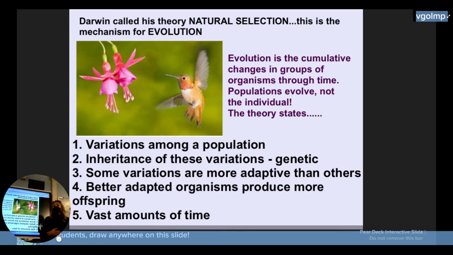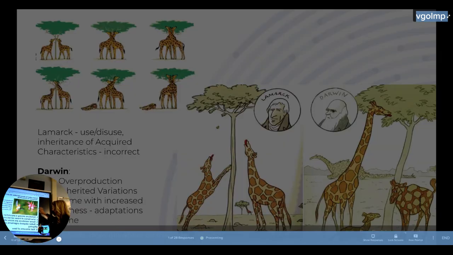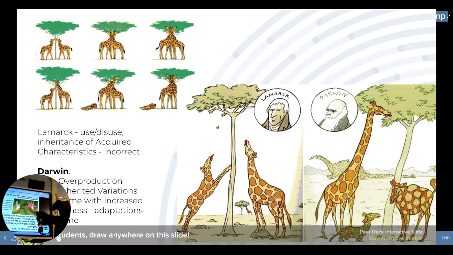Remember, populations evolve, not individuals, right? Populations. So then we looked at different types. First, we compared who else said evolution? In fact, who said it first was Lamarck, but he was off the mark, right?